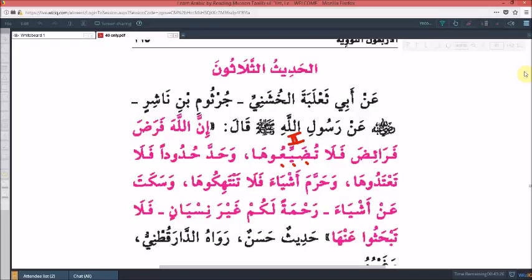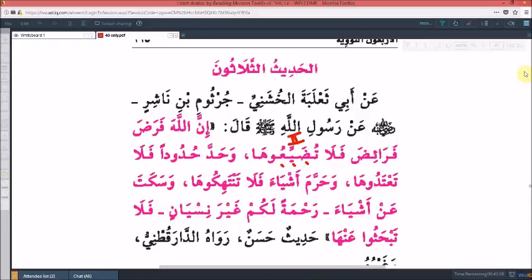So Allah has made obligations for you, or basically for you is understood. He has made or prescribed certain things and made them obligatory. فَلَا تُضَيِّعُوهَا. So do not lose them, do not waste them, meaning do not ignore them and not perform them, because whatever he prescribed for you is good for you. So don't lose it, don't waste it.